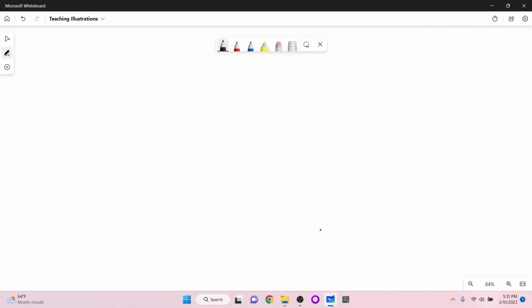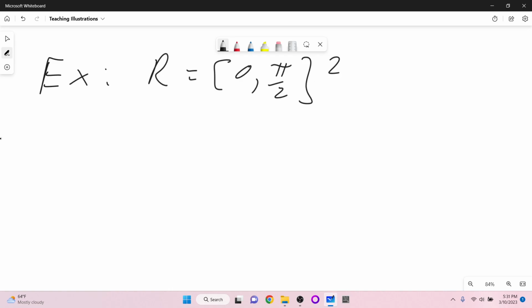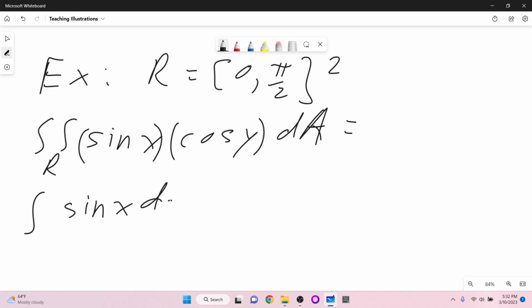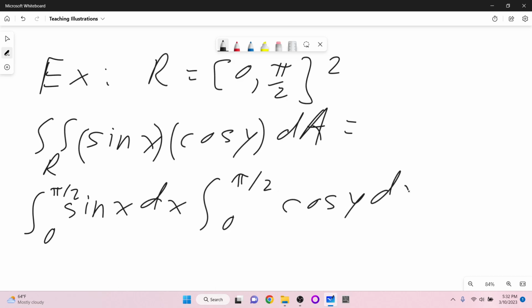So let me show an example there. Here we go. An example here is R is going to be [0, pi halves] squared. And let's say we want to integrate sine of x cosine of y dA. Well, since this part is only x and this part is only y, we can just do it like this. Sine x dx from 0 to pi halves, and from 0 to pi halves, cosine y dy.